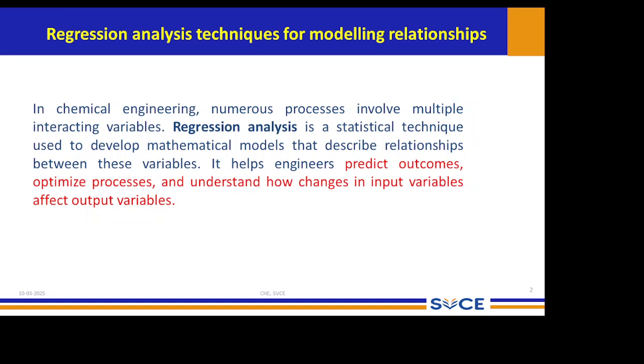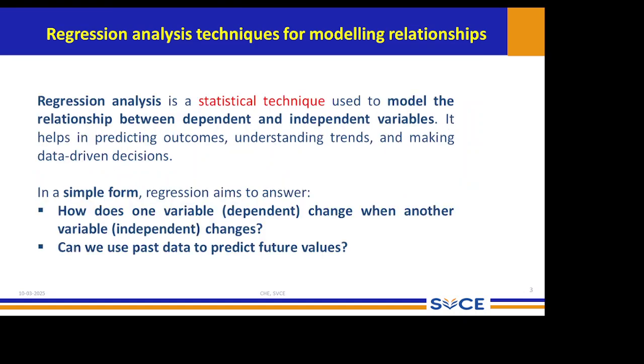The data may be fitted as linear, non-linear or polynomial and so forth. So regression analysis is a statistical technique. It helps engineers predict outcomes, optimize processes and understand how changes in input variables affect the output variables.